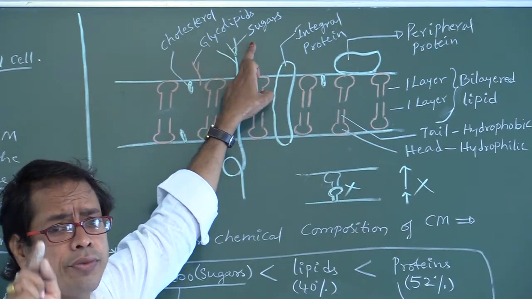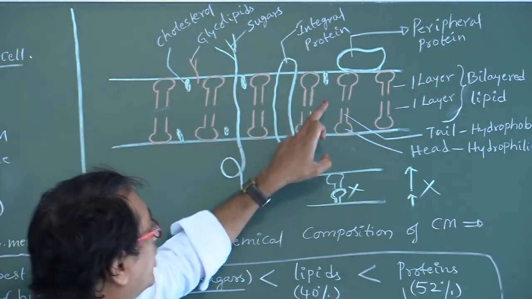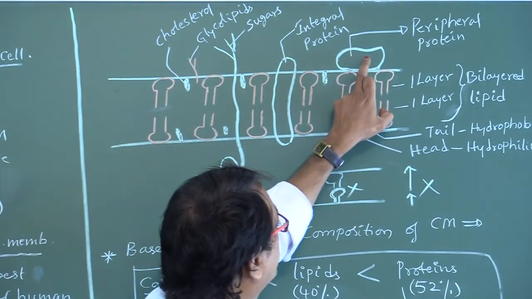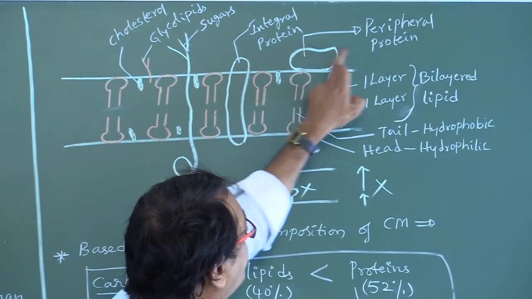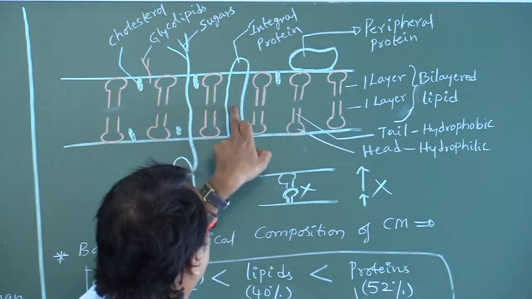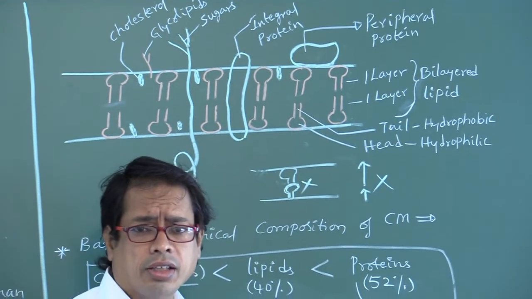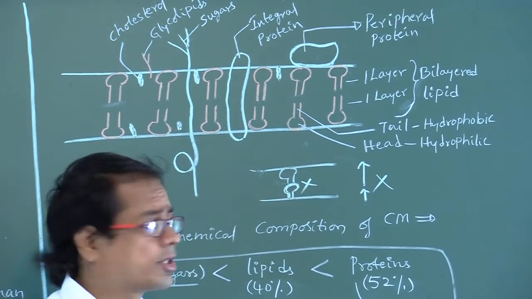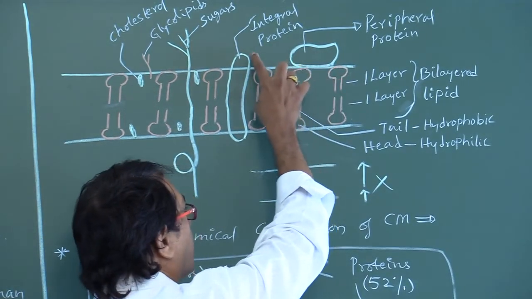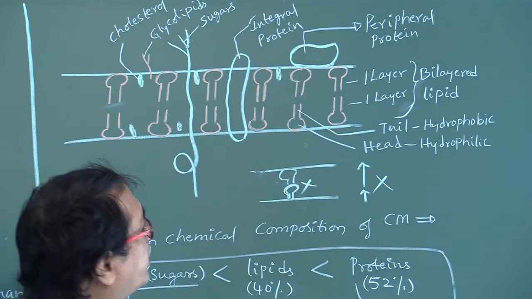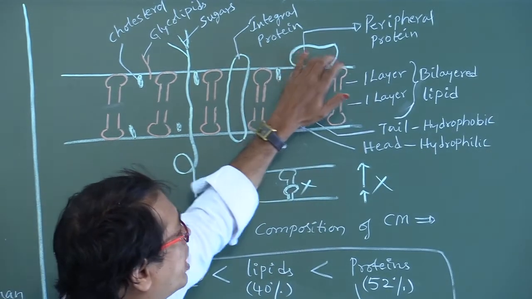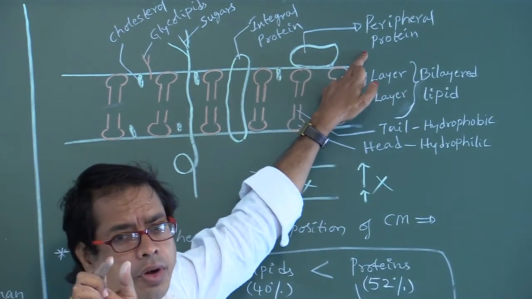Oligosaccharides means a few monosaccharides. Here there are two types of proteins. This one is peripheral protein. This one is integral protein. So how many types of proteins are there? Two types: peripheral proteins and integral proteins. The proteins which are present on the surface of the cell membrane are called peripheral proteins.